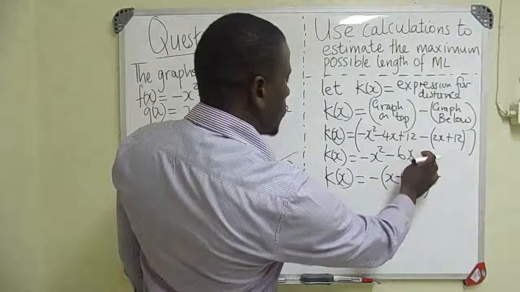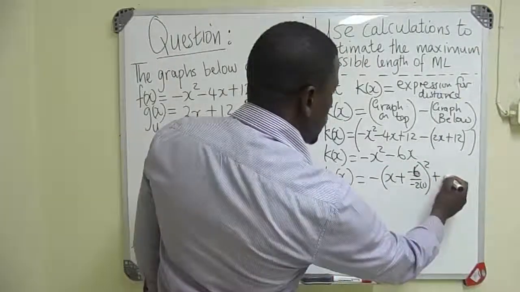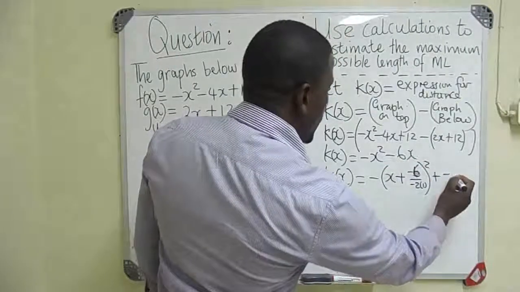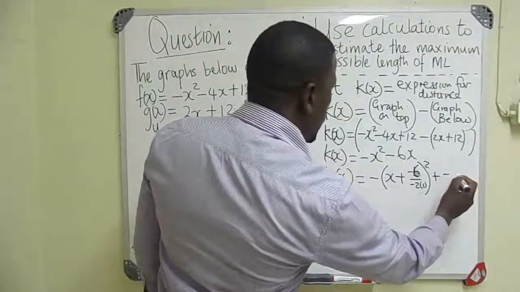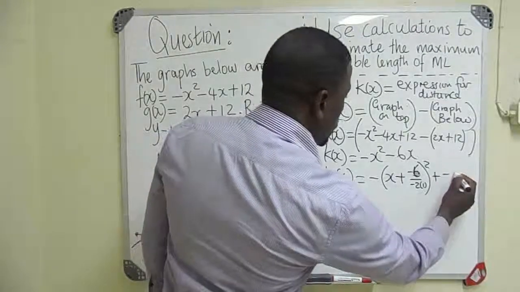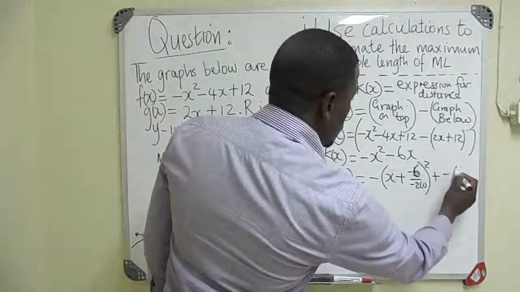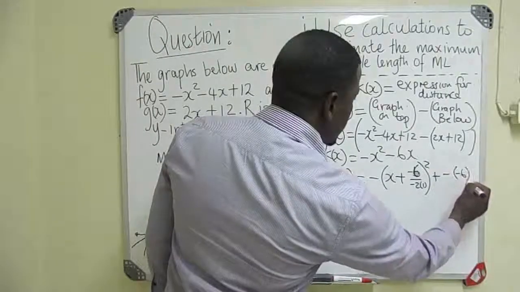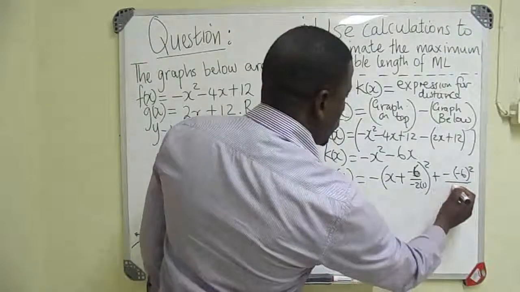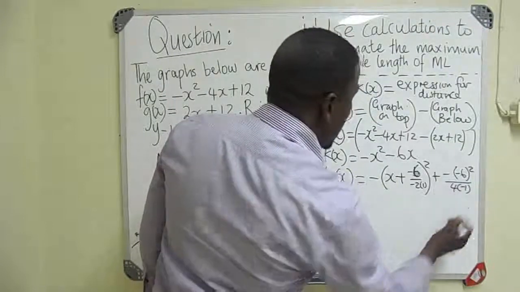Remember our c is 0 here. So it's going to be minus 6 squared over 4 multiplied by minus 1.